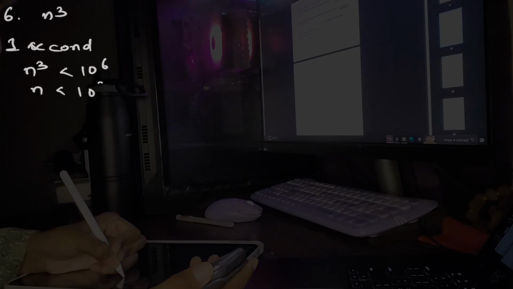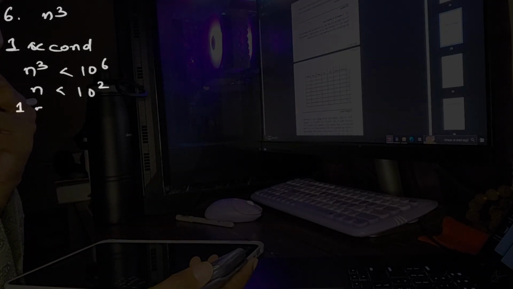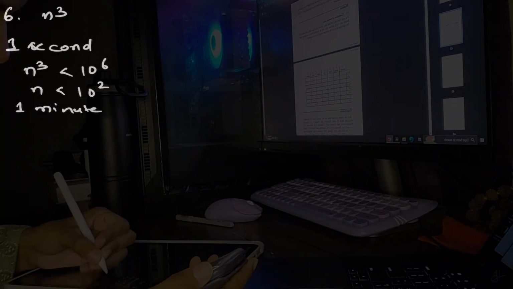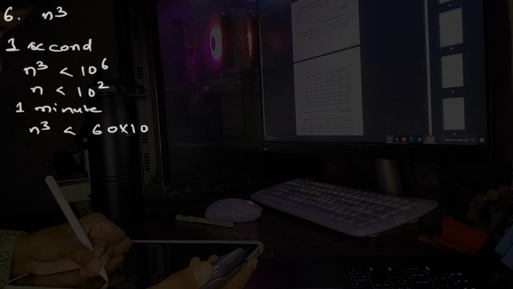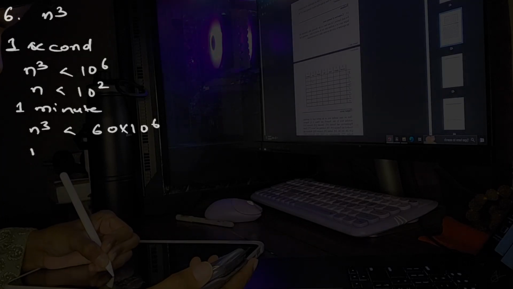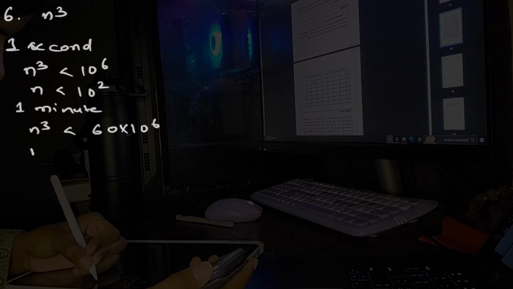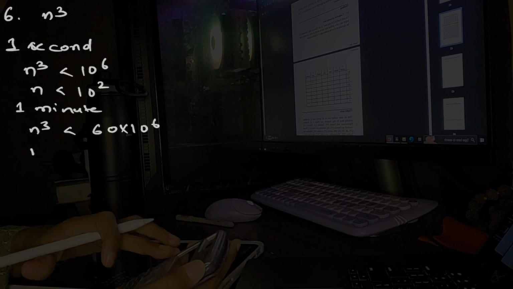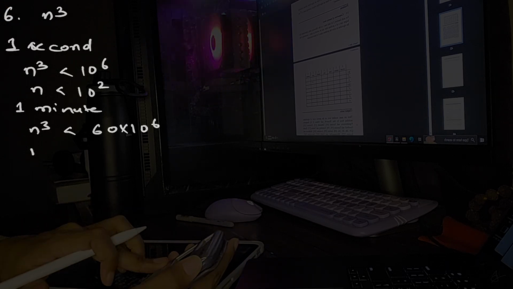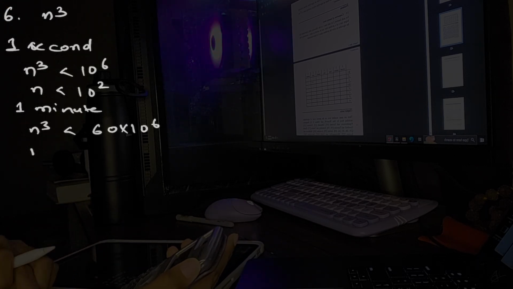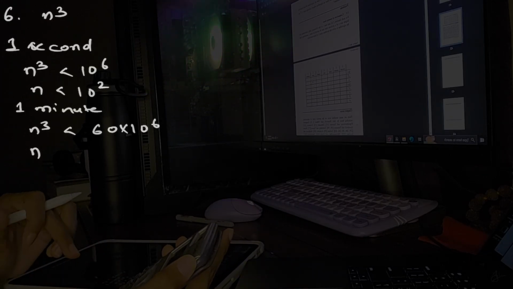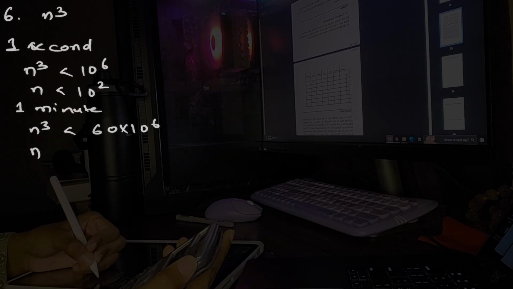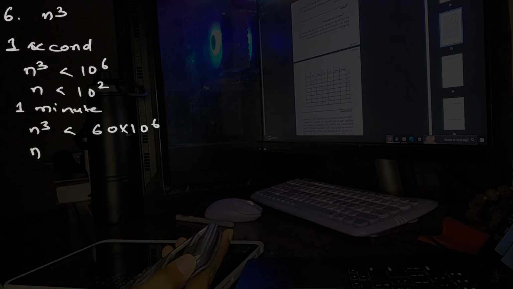In 1 minute, n cube is 60 seconds times 10 to the power of 6. Now we have to do the cube root of 60 times 10 to the power of 6.